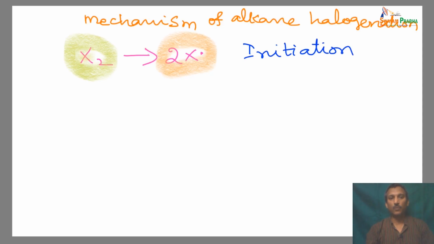The X-X bond is a very weak bond, so it can easily be homolytically cleaved to produce the halogen radical. So X2 gets cleaved to give 2 X dot. This is the initiation step.